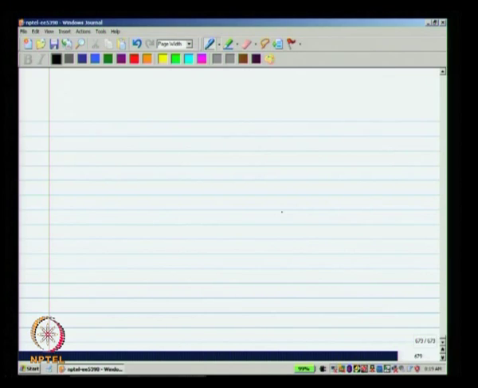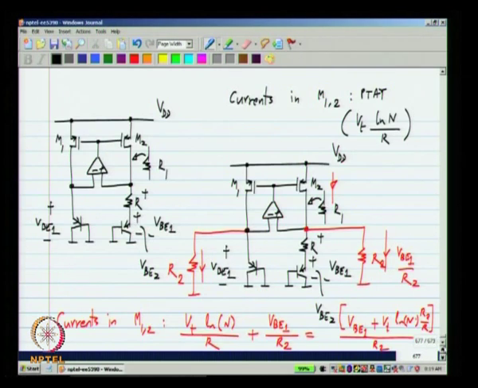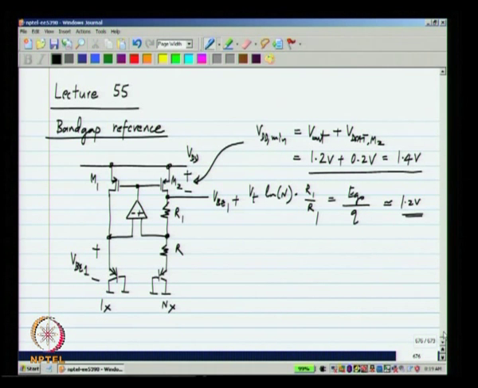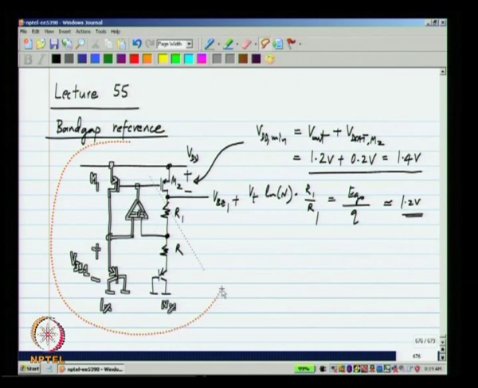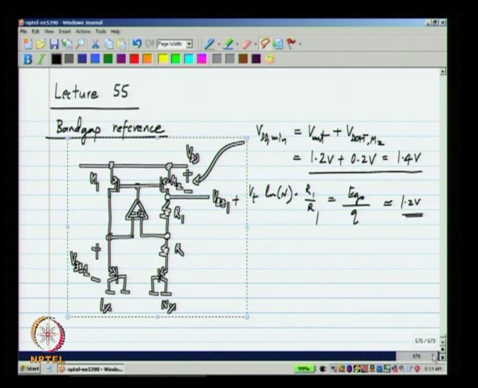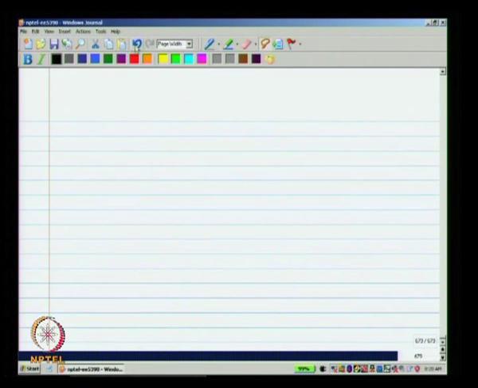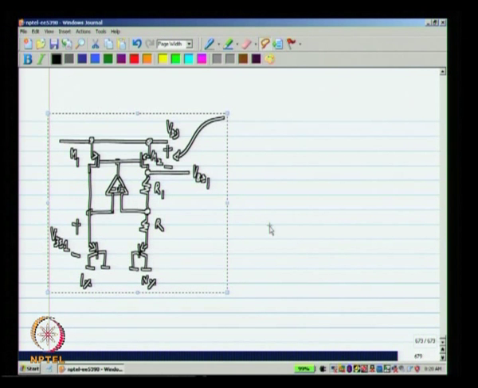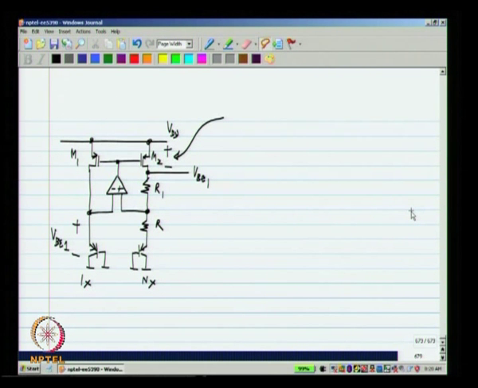Now, a couple of more points about the band gap, whether we take the fractional band gap or the regular one. Let me take this one for now. As with the proportional to absolute temperature cell, M1 and M2 have different values of VDS, the drain source voltage.